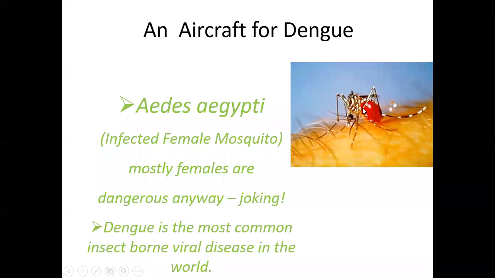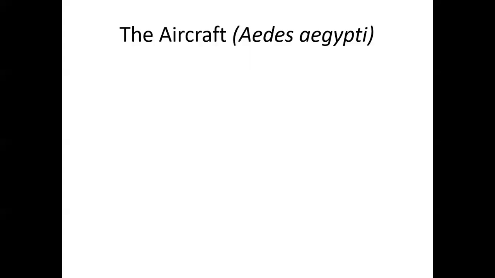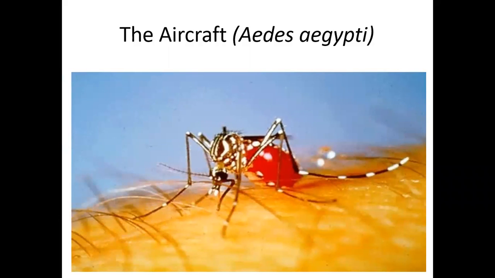This is a vector for the dengue virus, the Aedes aegypti mosquito, and these are the females. Let us see the Aedes aegypti. This one is the Aedes aegypti.